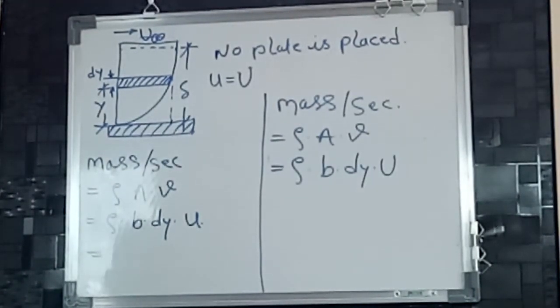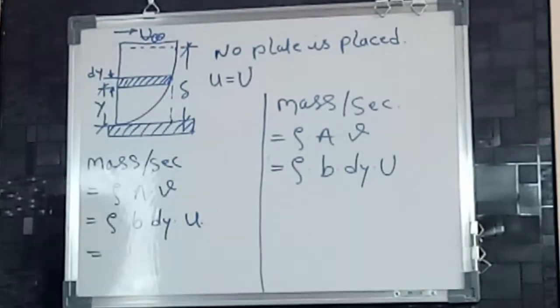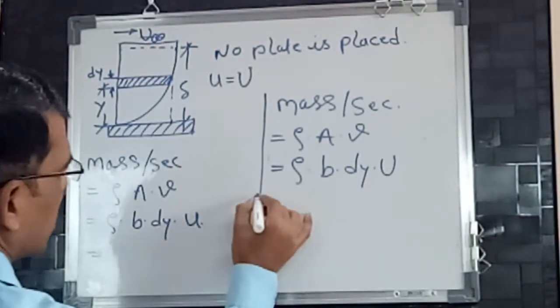And the total reduction of mass per second of the strip, what is that? Already we know that.